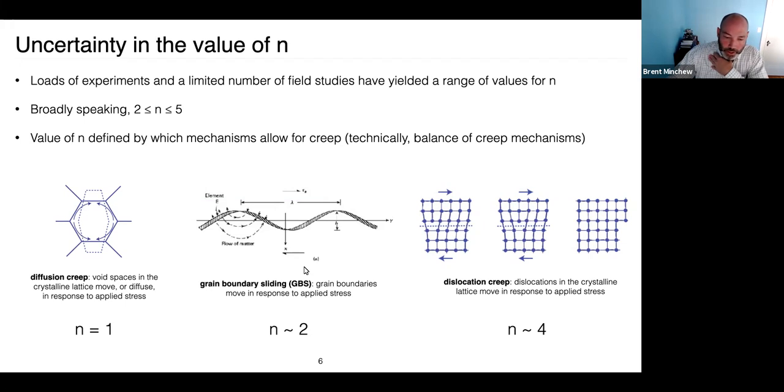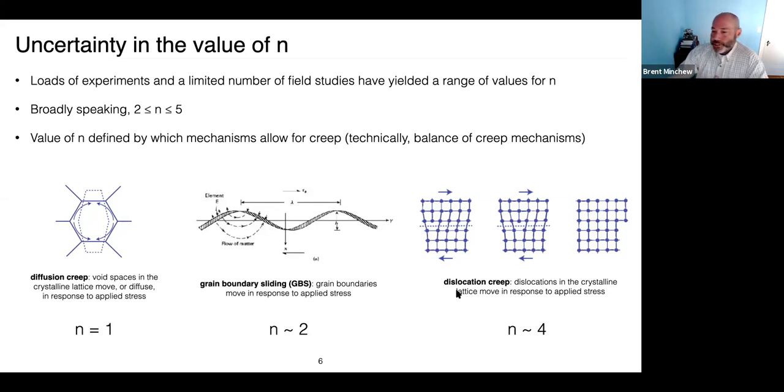There are a couple of different ways in which this sort of thing can happen, but we're going to broadly lump these things together under this term of grain boundary sliding and not worry too much about the details of what's going on in these particular bits. But all of these mechanisms that we'll lump together as grain boundary sliding will basically come in at a value of the stress exponent of about n equals 2.